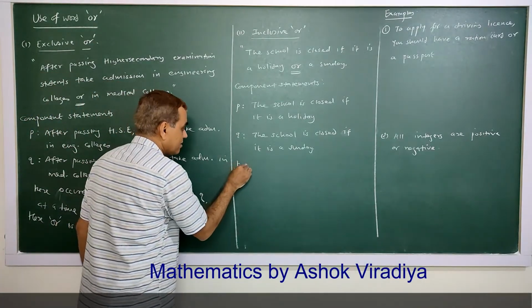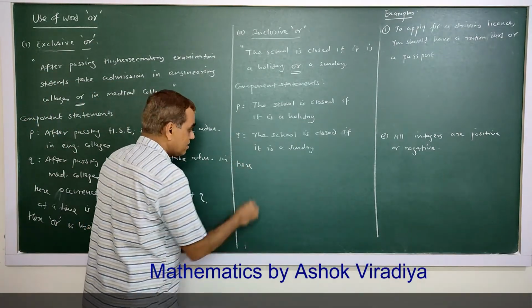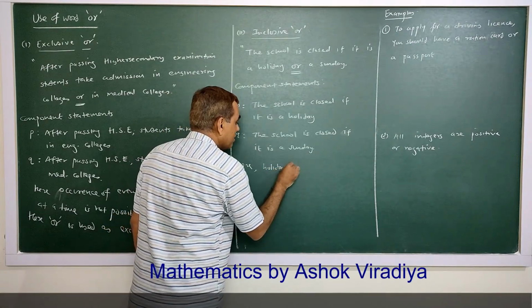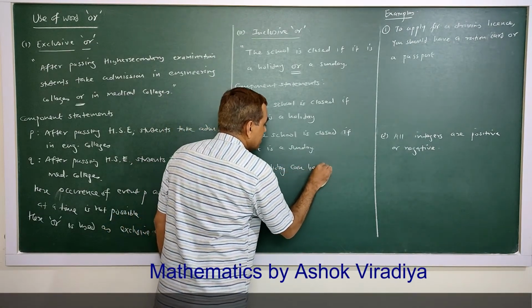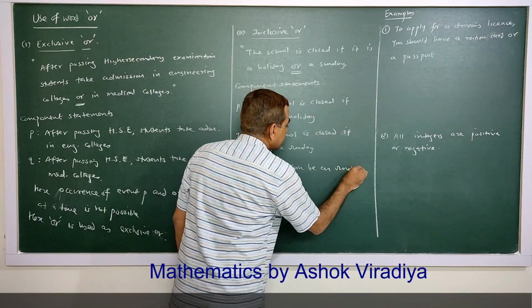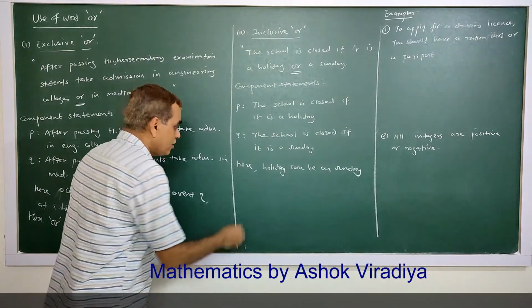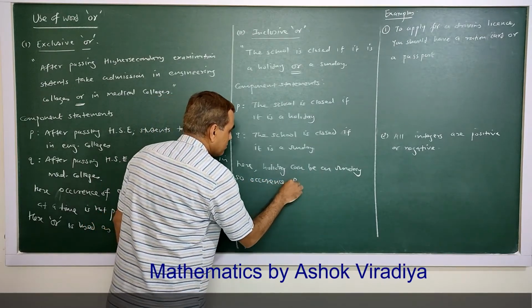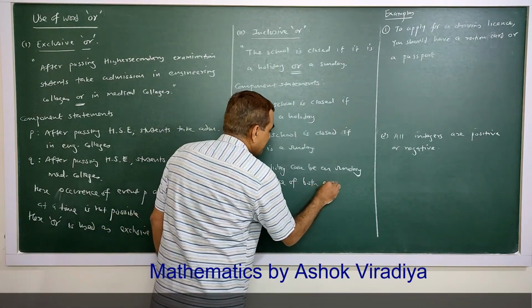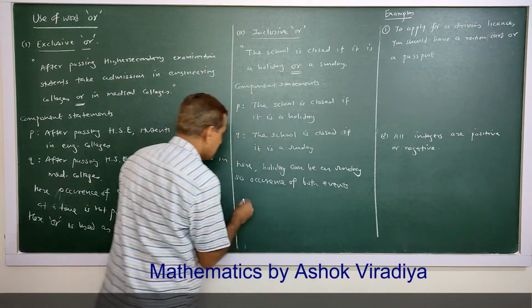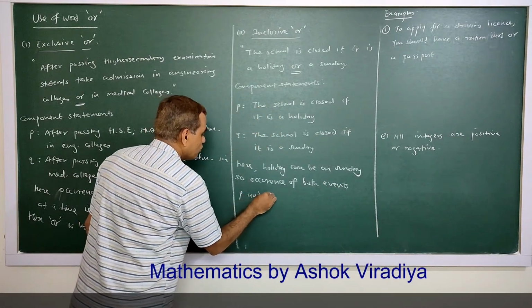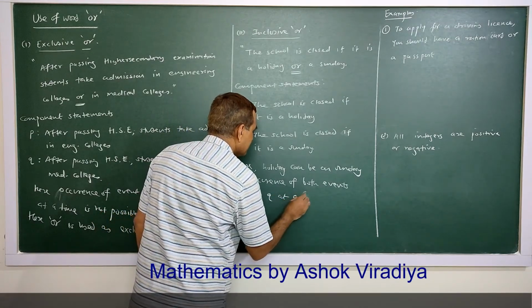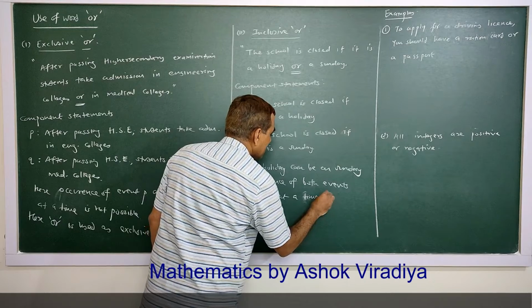Because a holiday can be on Sunday, occurrence of both events P and Q at the same time is possible.